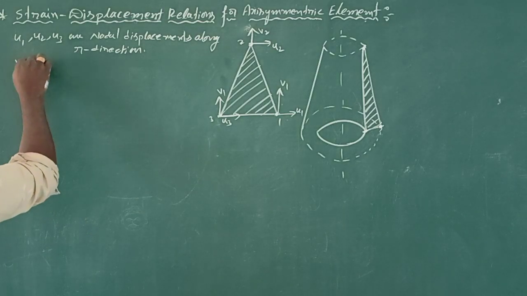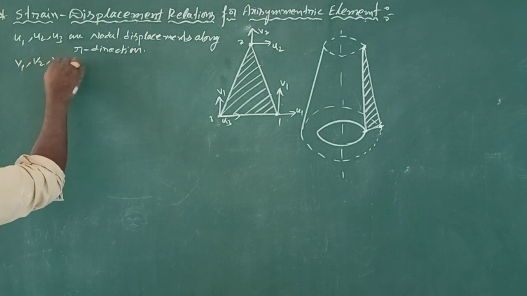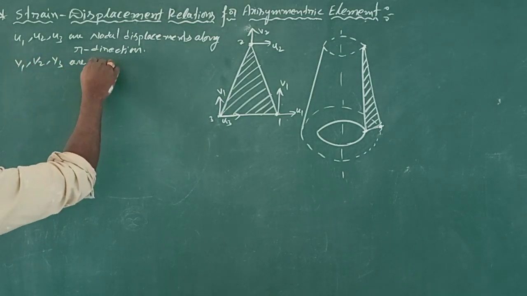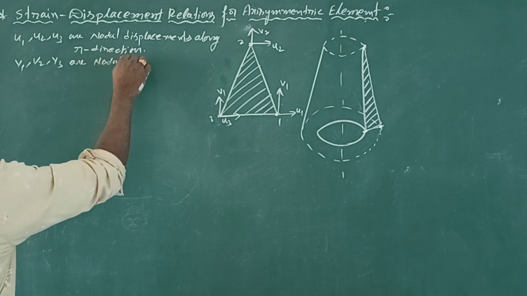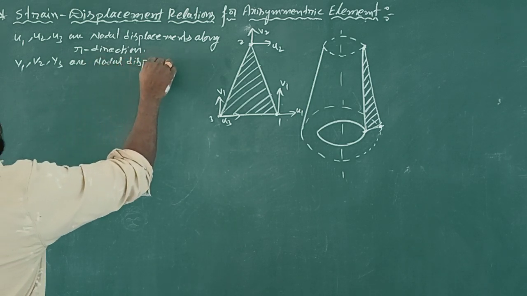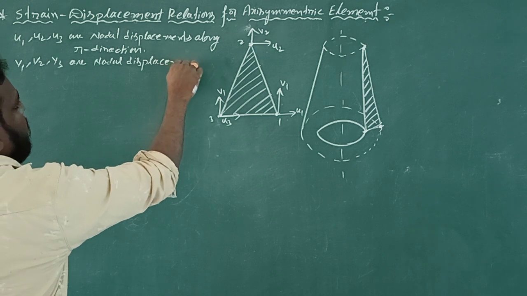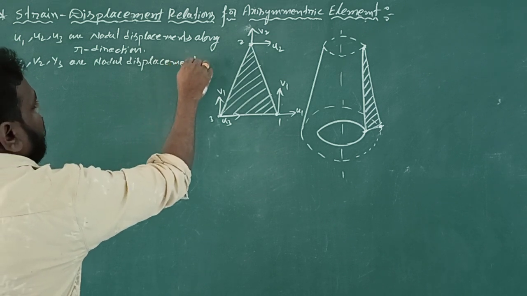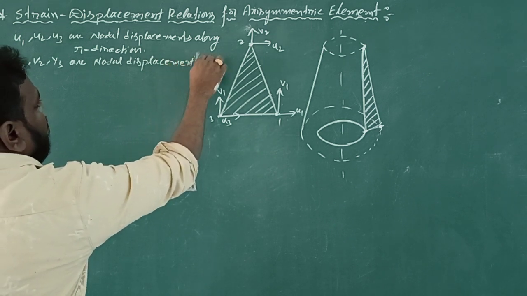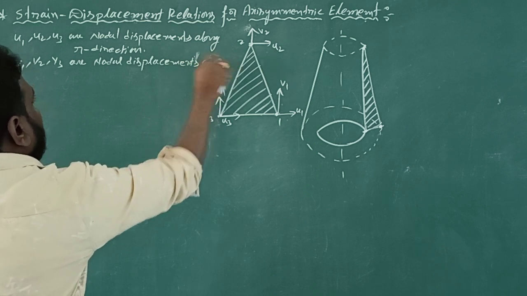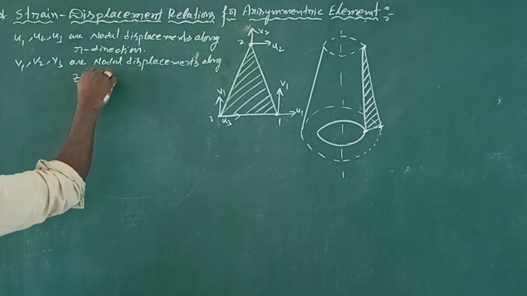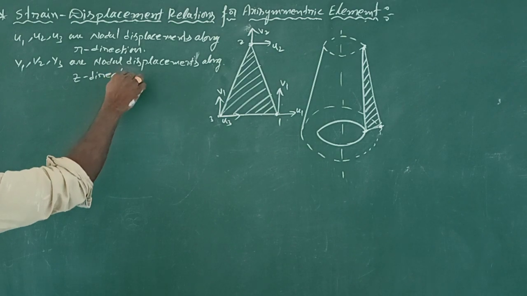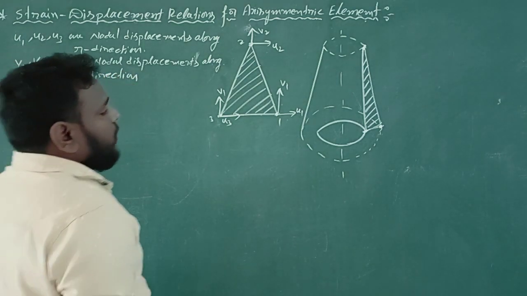And V1, V2 and V3 are also nodal displacements along the z direction. Got it?